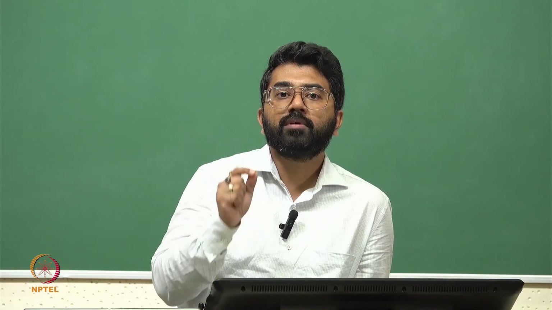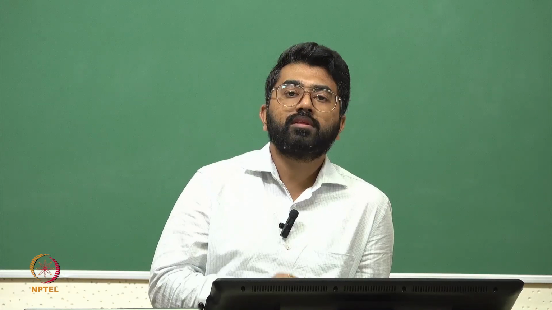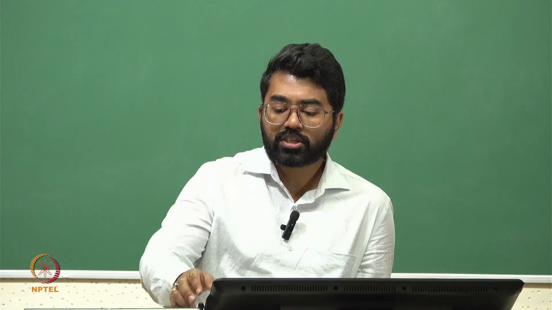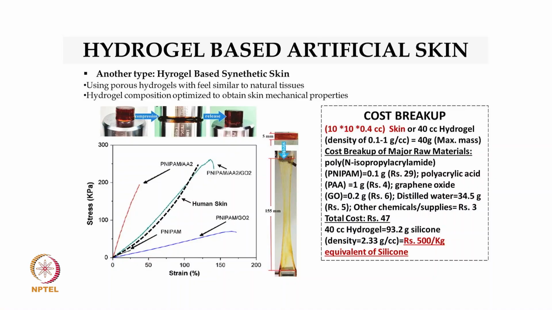So the shortcomings and limitations of our work were declared, right? So this is the synthetic artificial skin introduction, how we had done this. Based on this, we moved a little bit more advanced. We next went to something known as a hydrogel based artificial skin, right?